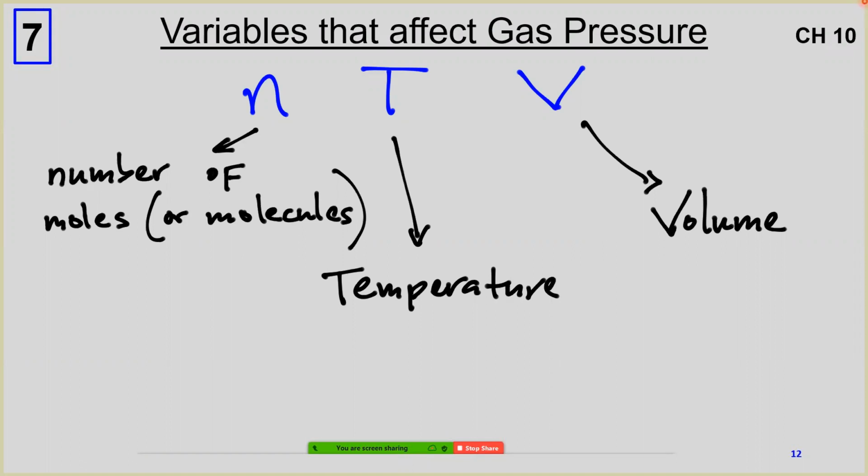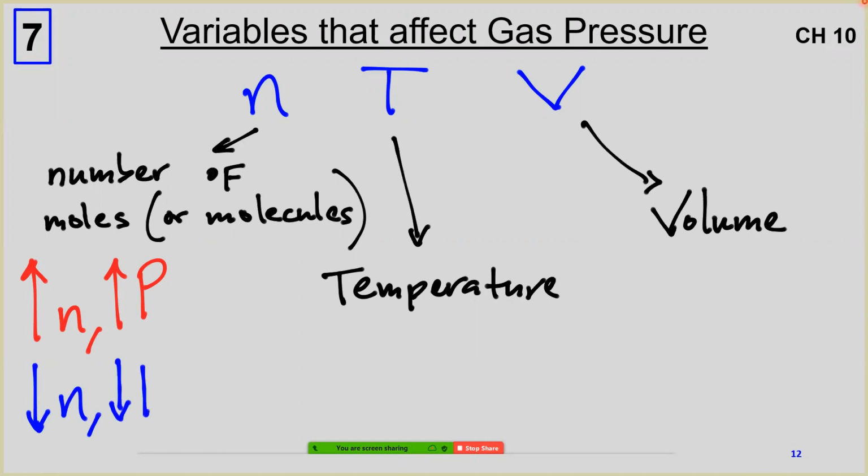And so increase N results in increase in pressure. If you were to decrease the number of molecules, you would also decrease pressure.